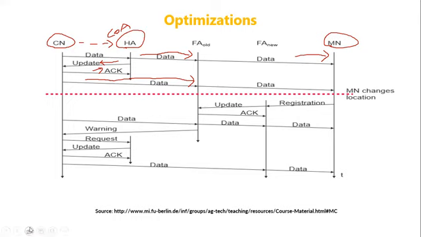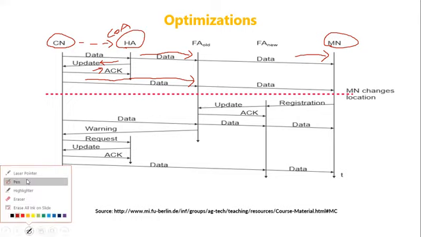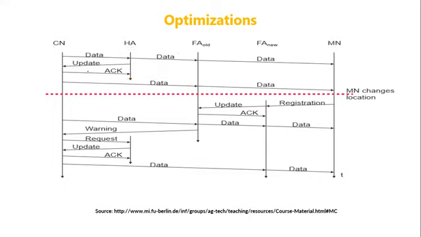So there are two ways. Either the CN can request the HA about the current location of the M1 by sending a binding request, or it can just send the data to HA and HA will forward. After forwarding the data, HA will obviously reply back with a binding update to CN so that CN can know the current location of the mobile node.